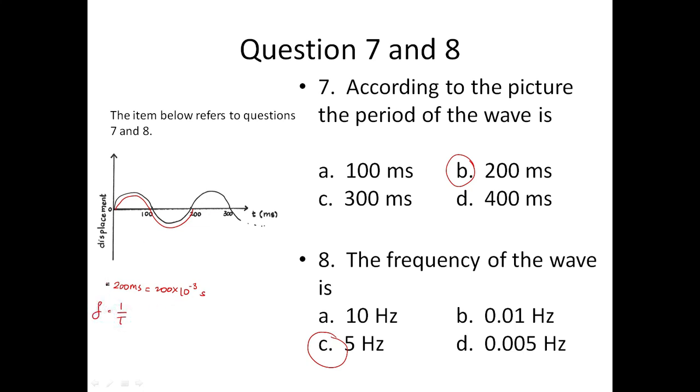Now this is the period right here. We just say 1 divided by 0.2, and that should give us 5. Right? And this is 1 over s, which is 5 Hertz. Right, so there you have your answer for that one.